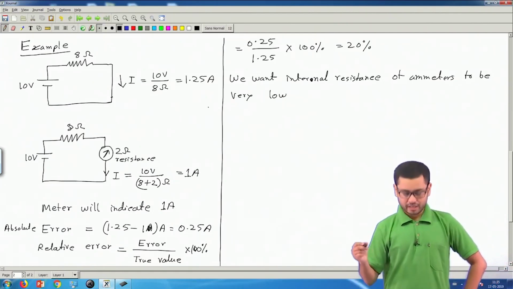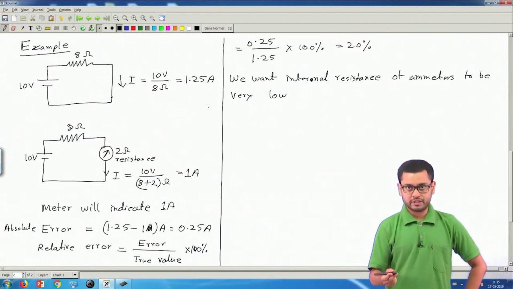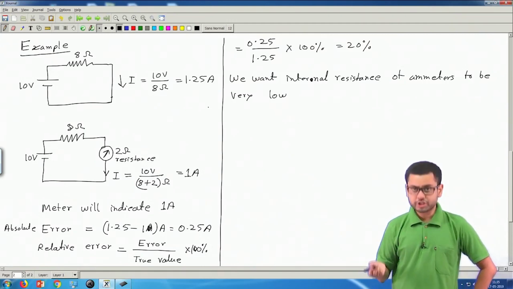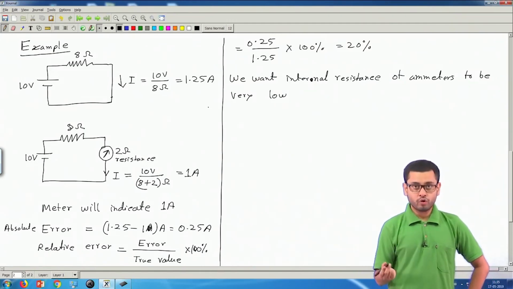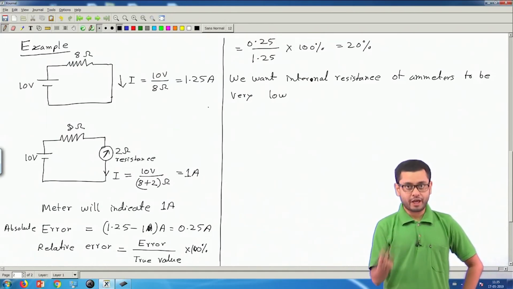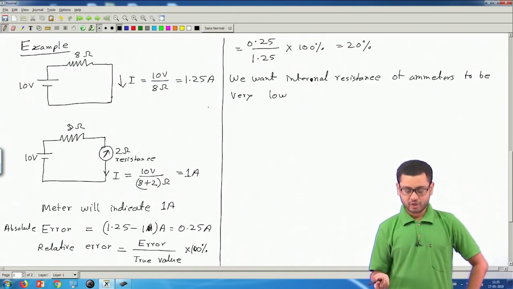Now, let us ask a more involved question, which is to say, how low is good enough? I mean, how low is low enough for an ammeter? Okay.